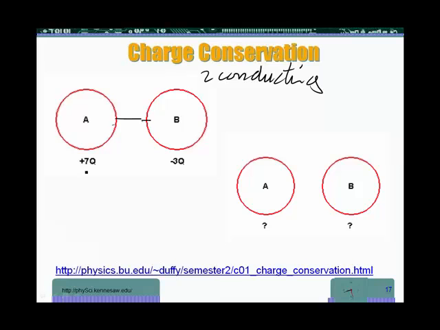If we started with plus 7q and minus 3q, the net charge is going to be plus 4q, meaning both spheres together are going to have a charge of 4q, meaning that each one of them is going to have plus 2q. So once we separate them, each one of them will have a plus 2q charge.